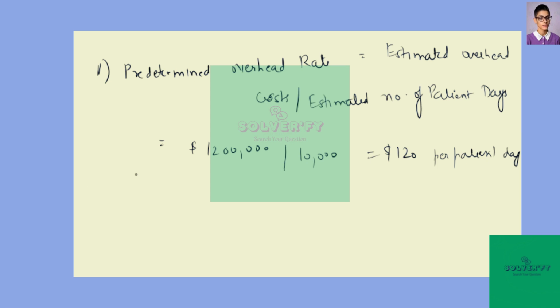For the predetermined overhead rate, the total cost for patient A is $15,000 for direct materials, $20,000 for direct labor, and 120 into 3 equals $360 for applied overhead.